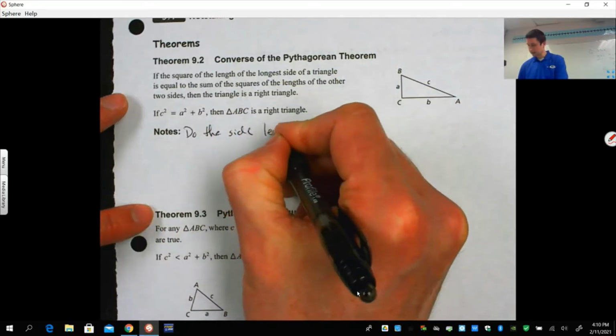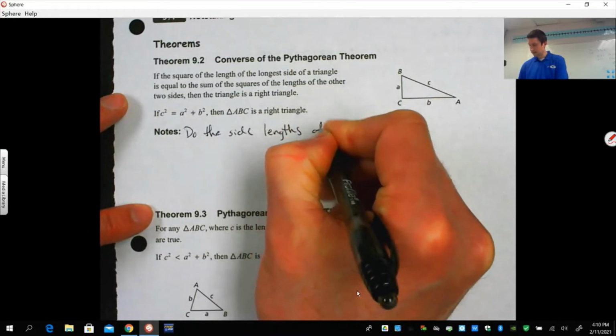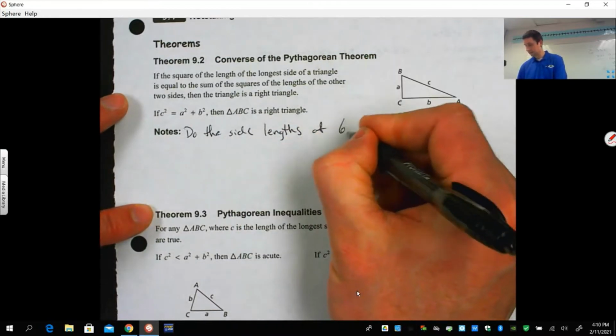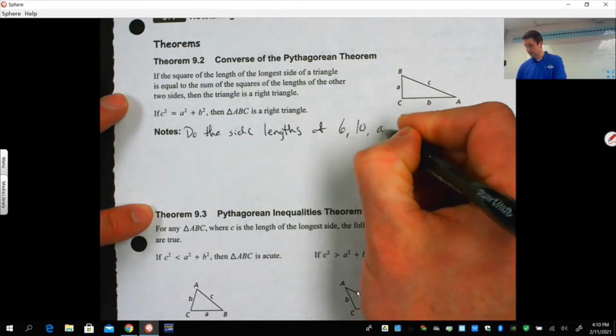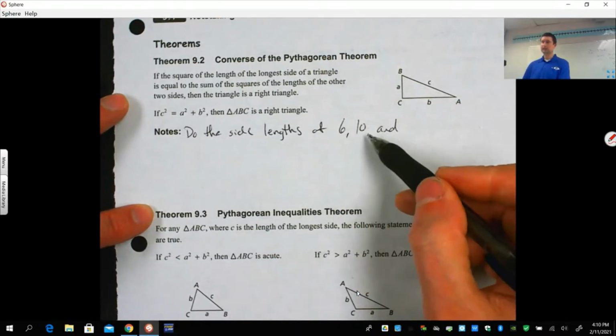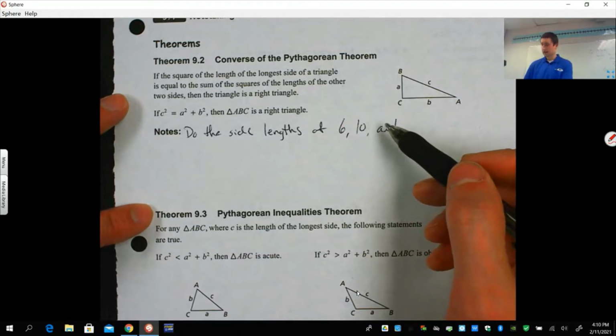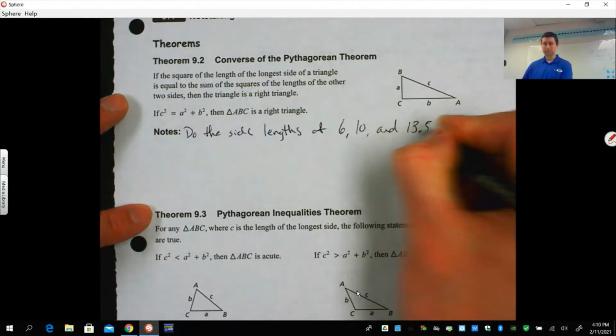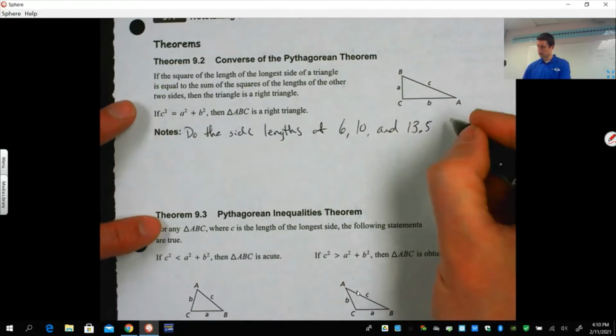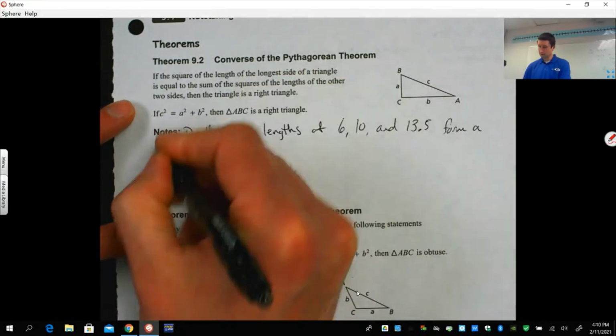Do the side lengths of 6, 10, and, okay, 6 plus 10 is 16, so it has to be less than 16. Let's go 13.5. Make up a number. Form a right triangle?